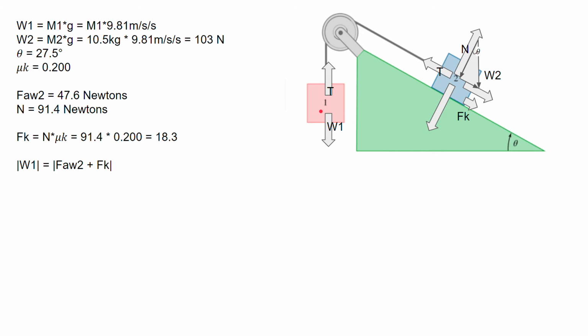Since we know that the system's not accelerating, meaning this counterclockwise and clockwise is not going to change the velocity at all, and since all of the external forces are going to add up to 0, or in other words, since W1 is in the counterclockwise direction, and Fk and FAW2 are all in the clockwise direction, FAW2 plus Fk is going to have the same magnitude as W1.